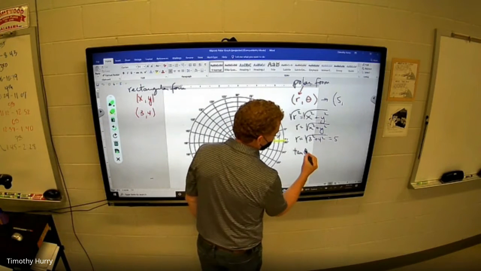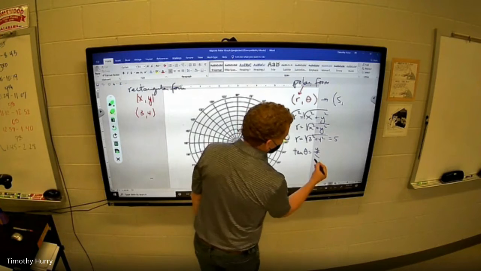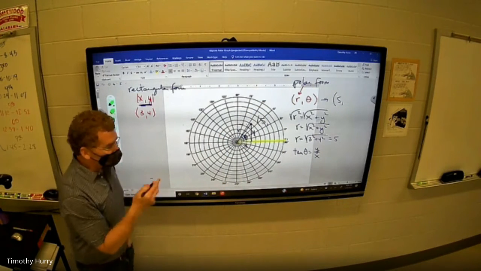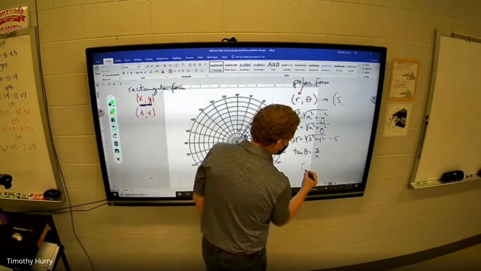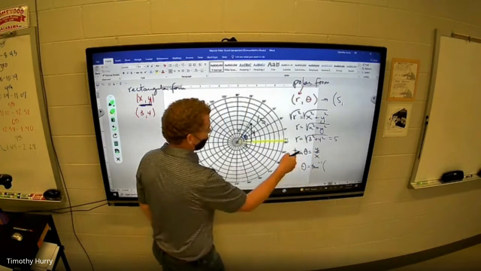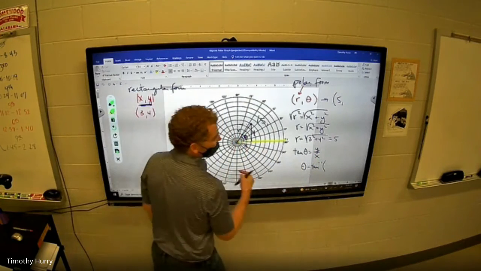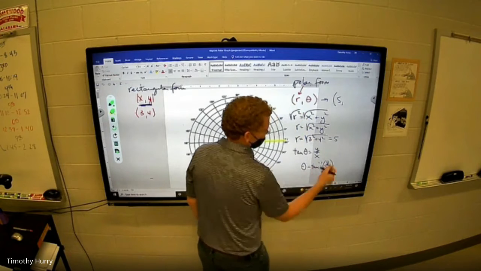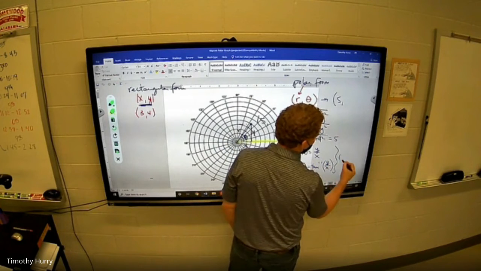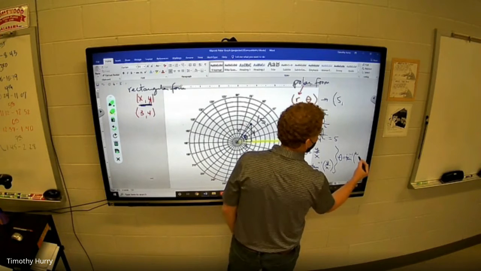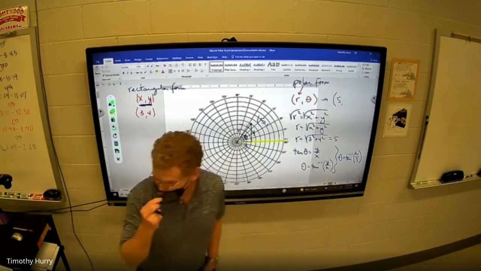The tangent of the angle is Y over X, and every point is giving me a Y and an X. So to find the angle, I'm just going to do the inverse tangent of the Y value, which is 4, over the X value. So in this case, I've got inverse tangent of 4 over 3, and I type that in my calculator.